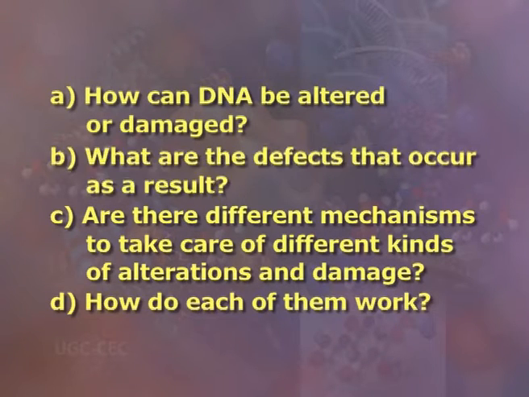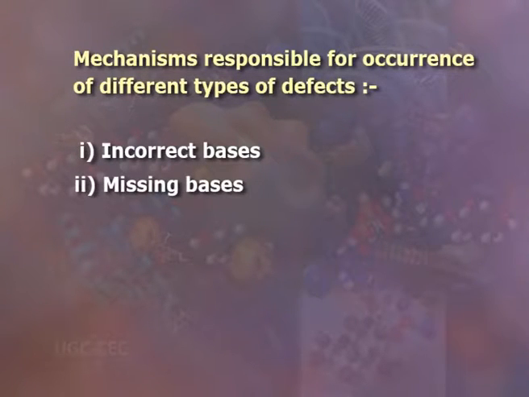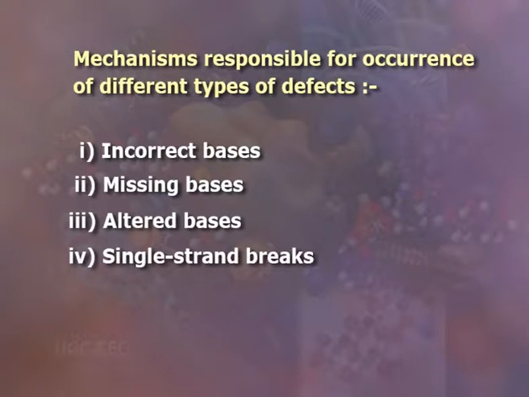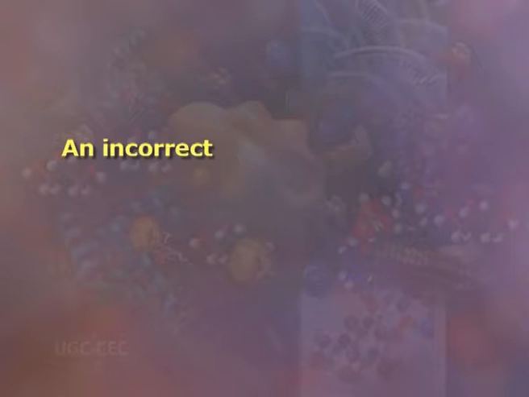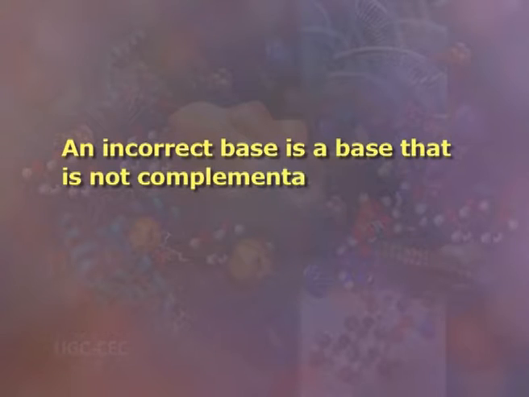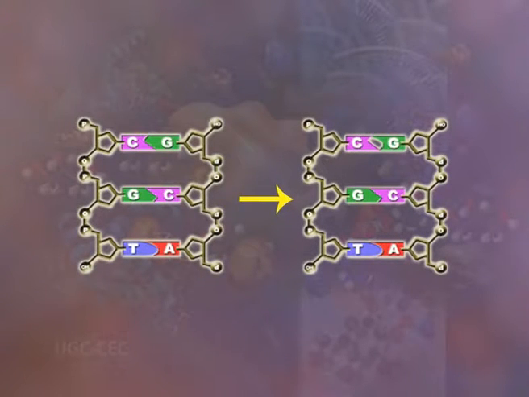What are the defects that occur as a result? They are the following: incorrect bases, missing bases, altered bases, single strand breaks, double strand breaks, cross-linking. An incorrect base is a base that is not complementary to the template strand. It therefore does not have the appropriate hydrogen bond pairing with its complementary partner, and hence the Watson-Crick complementarity rules are violated.